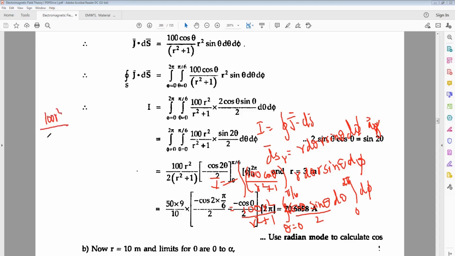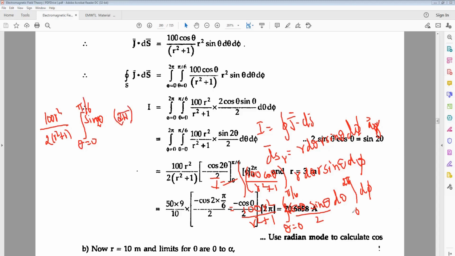So finally the expression becomes 100 r² by 2(r² + 1) times the integral of sine 2 theta, theta from 0 to pi by 6, times the integral of phi, which gives 2 pi.